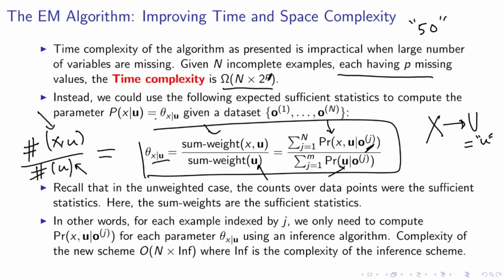So what this means is that if we somehow compute the expected statistic for each example and store it, and technically we don't need to store it because we can have a running sum, then the complexity will no longer be bounded by n times 2 to the power p, but by n times inf, where inf is the time or space complexity of the inference scheme being used.